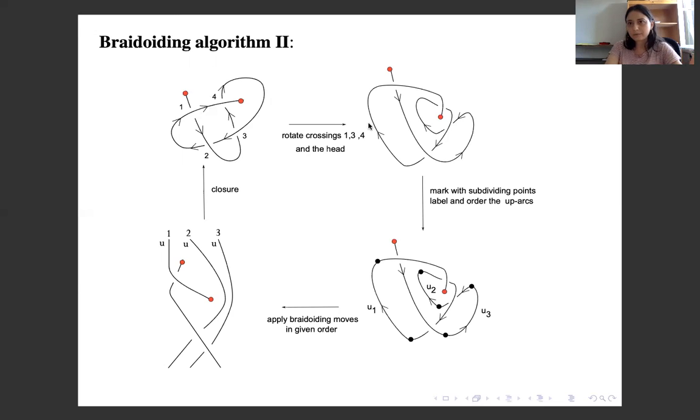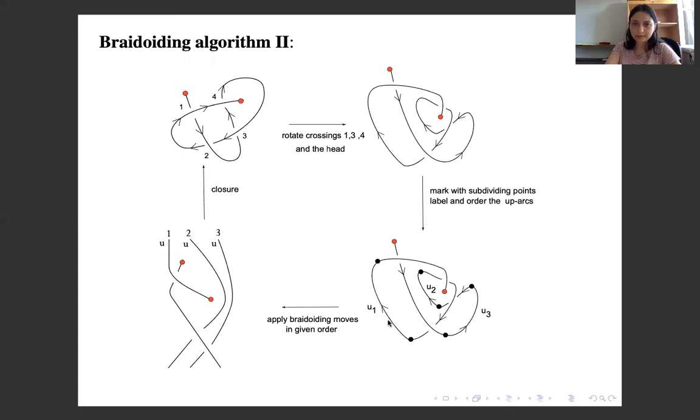The aim for doing this is to clear up the crossings from any of the up arcs, so that we are left with up arcs containing no crossings, as we see from this picture. So we label the local maxima and minima again of the resulting diagram, and we see that local maxima and minima divide just the up arcs, free up arcs, and the down arcs.